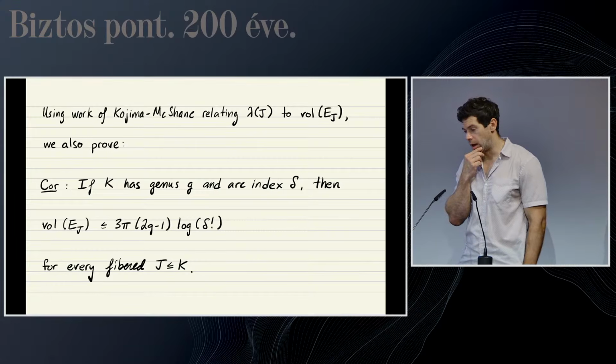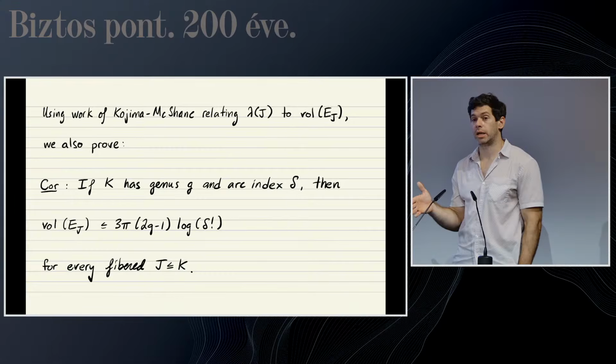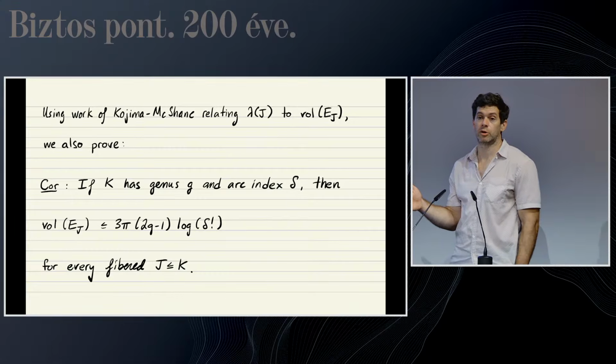And the same finiteness proof works there. So in other words, if I fix a knot K, then there are only finitely many fibered knots J that are handle ribbon concordant to K.